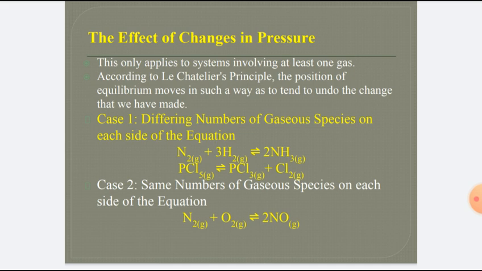In first case, when number of gaseous species on each side of the equation is different. For example, in first equation, when nitrogen reacts with hydrogen and gives ammonia, 4 moles of reactant gives 2 mole of product.